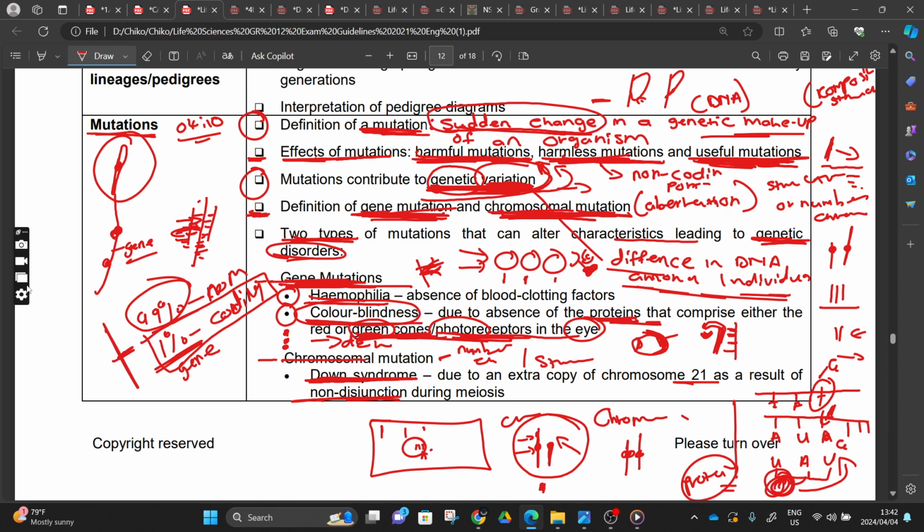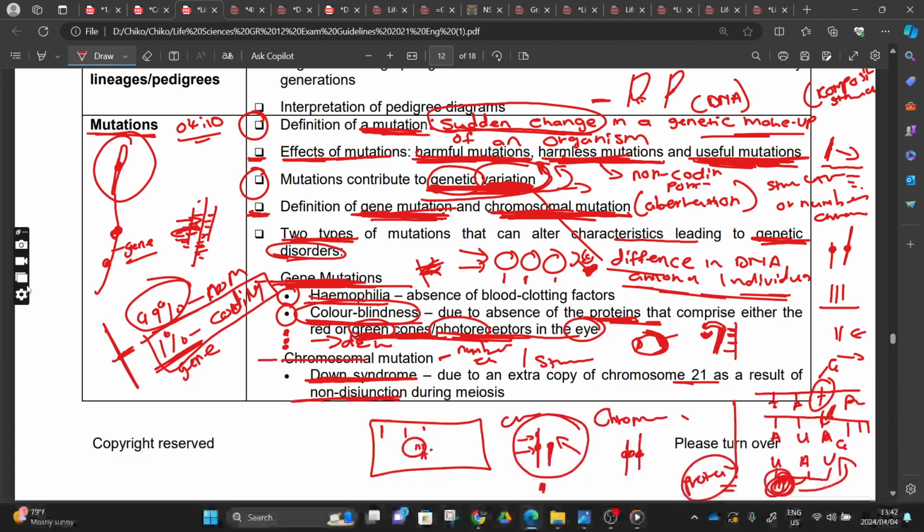So after that, they can ask you what type of mutation took place here. You have to say gene mutation, although some can say it's a point mutation because one base was replaced with another, right? Point mutation and frameshift mutation are not included in our syllabus, right?